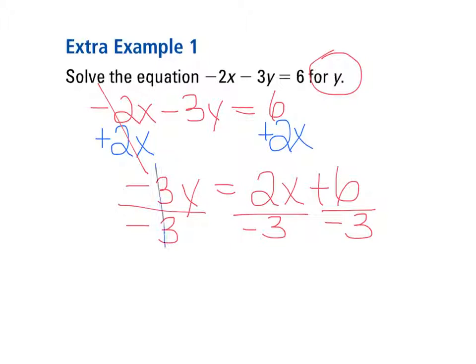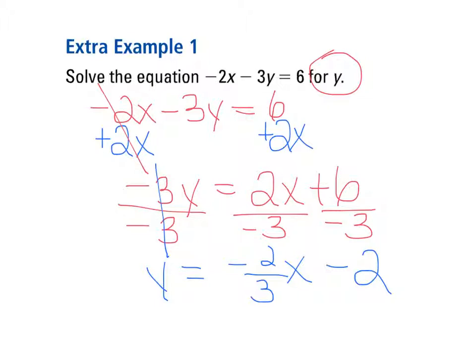So these negative 3 divided by negative 3 cancels, and I get y equals, so a 2 over negative 3 is going to be negative 2/3 x, and then 6 divided by negative 3 is negative 2. So the correct answer should be y equals negative 2/3 x minus 2.